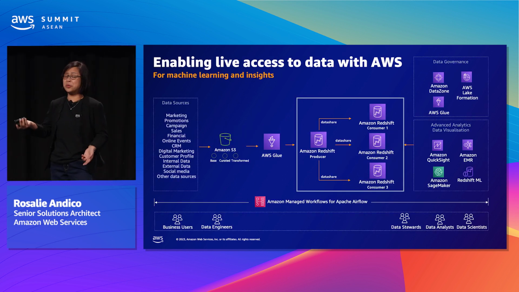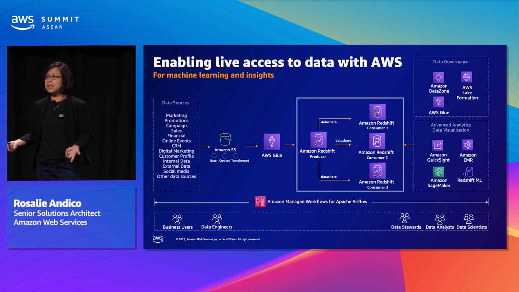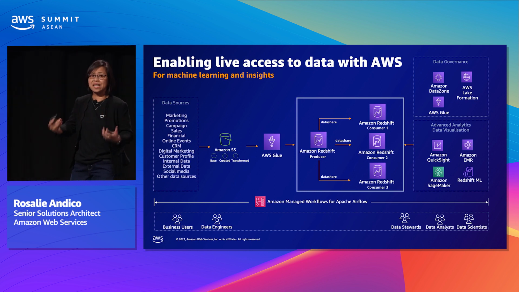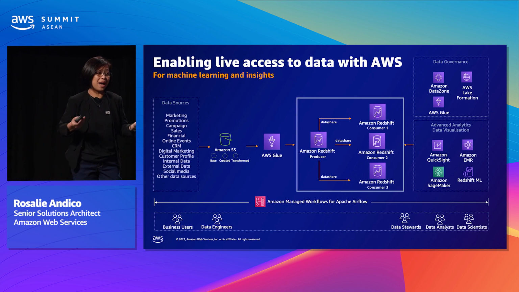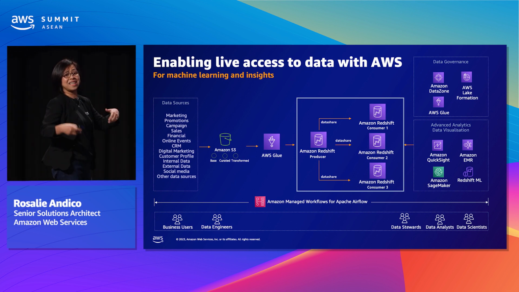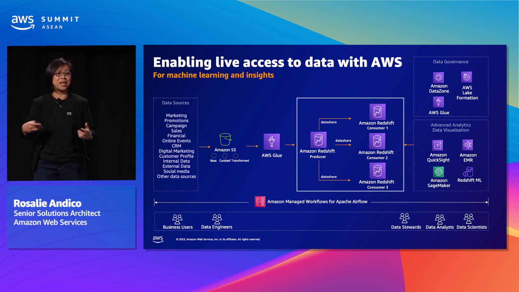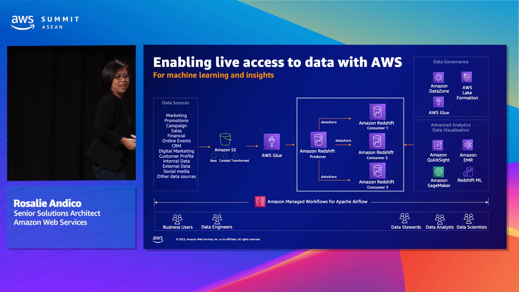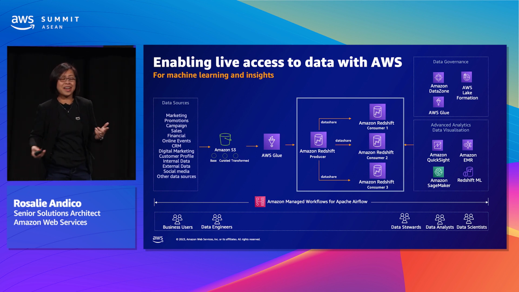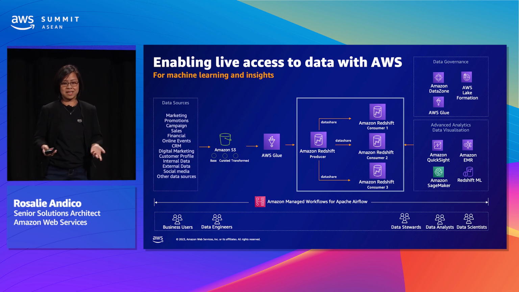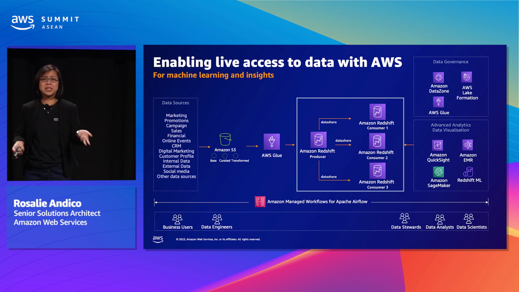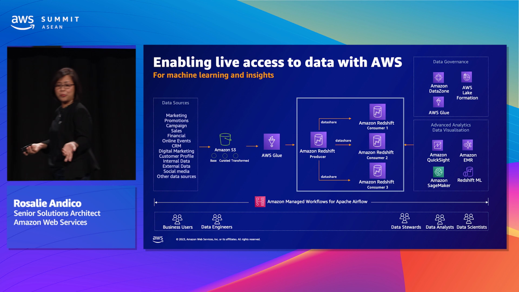Now, how do you do that? You need an end-to-end data solution that will allow you to store, to access, to analyze, and to visualize and predict. You will need a storage for your data, or this can be a data lake that will aggregate or consolidate all your data sources. Then you will need tools for data movement.